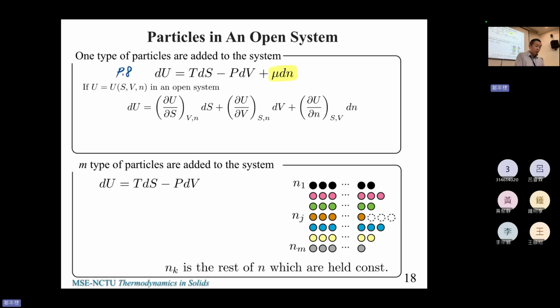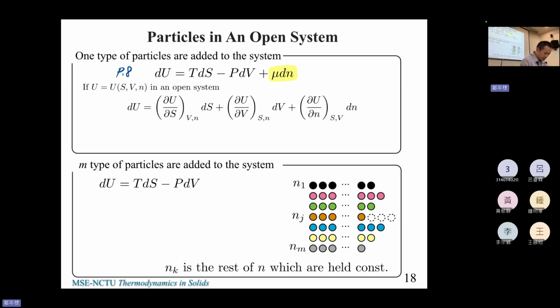Remember that? So now your U is a function of S, V, N in the open system. Previously, you didn't have N because you had a closed system, but now you have an open system. Your kilomole will change. So again, we can write it in differential form with slopes, right?